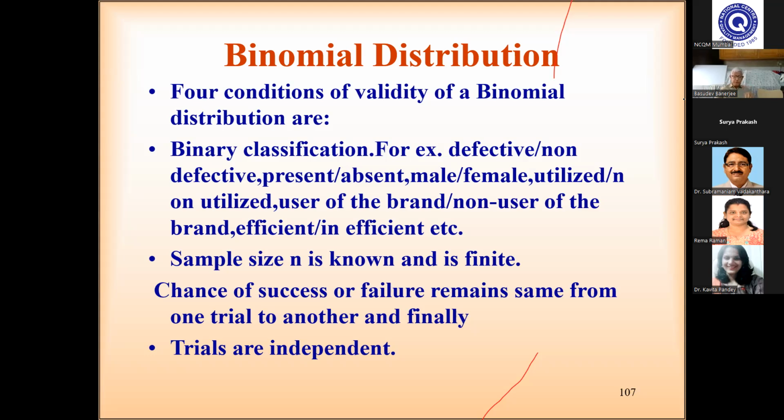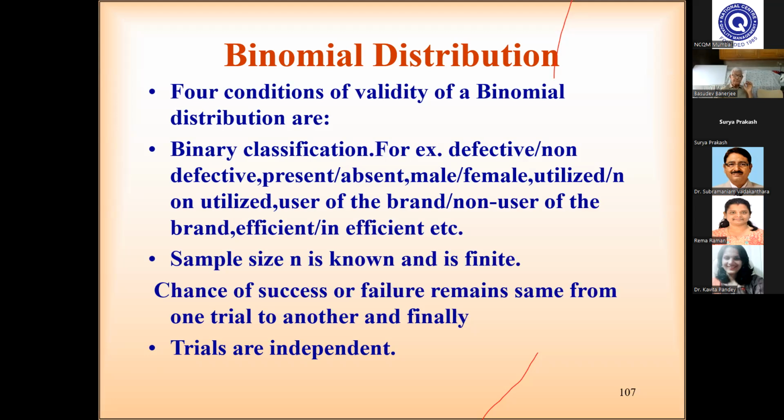You don't introduce any particular assignable cause, as normally it happens. So these are the four conditions of validity: binary classification, sample size known, chance of success or failure p remains the same, and trials are independent. You don't choose a bunch of your favorites and try to introduce some concept, because it will not be valid. So that is what is important for binomial distribution.